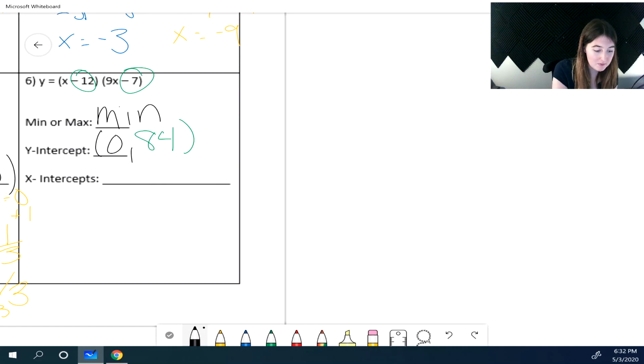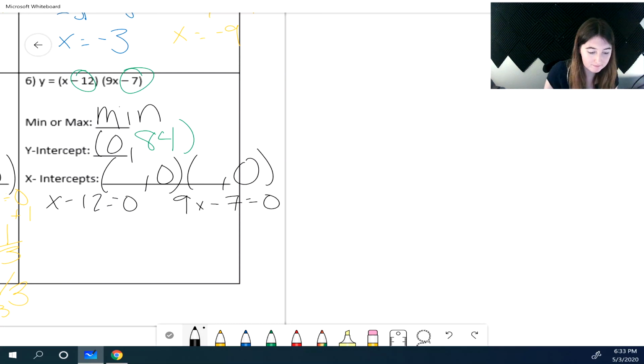My x-intercepts means x is a number and y is 0. I would solve that by setting x minus 12 equals 0 and 9x minus 7 equals 0. I'm probably going to get a fraction, and that's okay. For the first one, I add 12 to both sides and get x equals 12.